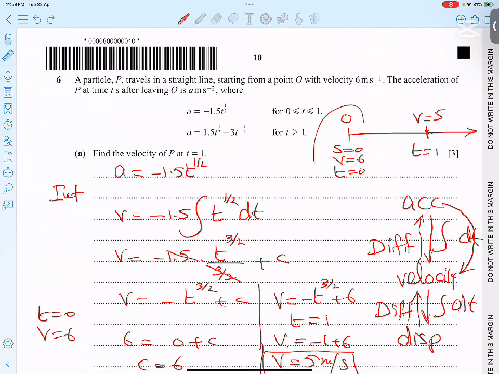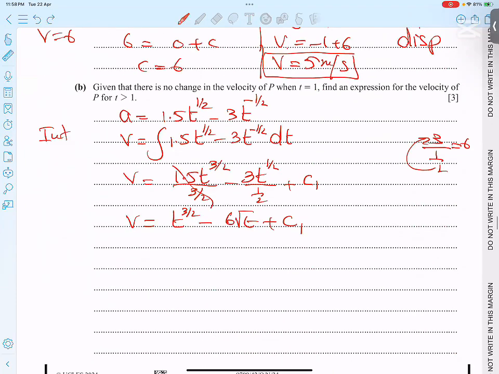We can't apply the earlier condition because that condition is applicable for the first equation, and this equation is applicable for the second. That is why I'm using t equals 1, v equals 5, which we got before. So 5 equals 6 plus c1, and negative 6 goes there, I got c1 equal to negative 1. Sorry, there's a 10 only, it's not an expansion.